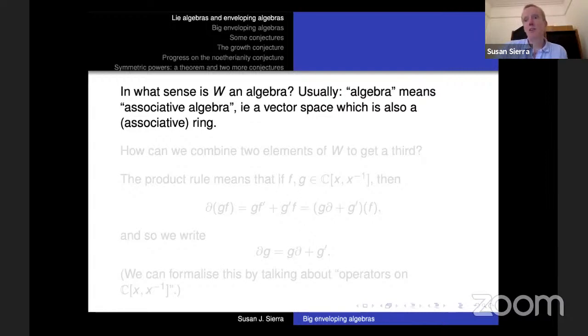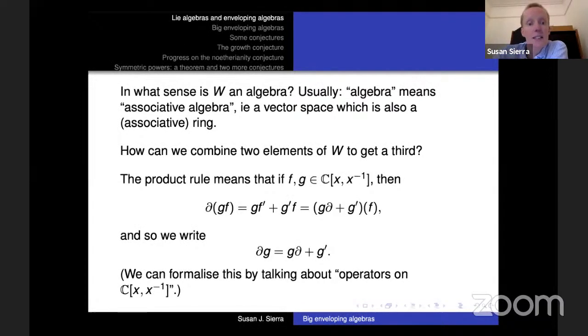So we have two questions we need to answer. First of all, how can we combine two elements of W to get a third? If it's supposed to be an algebra, we'd better be able to do that. And then, is it going to be an associative algebra, or some other kind of algebra?